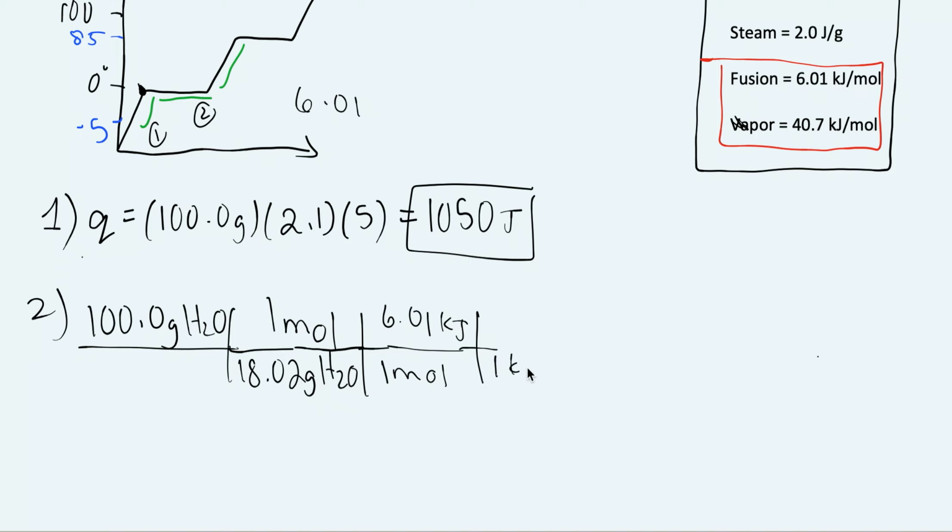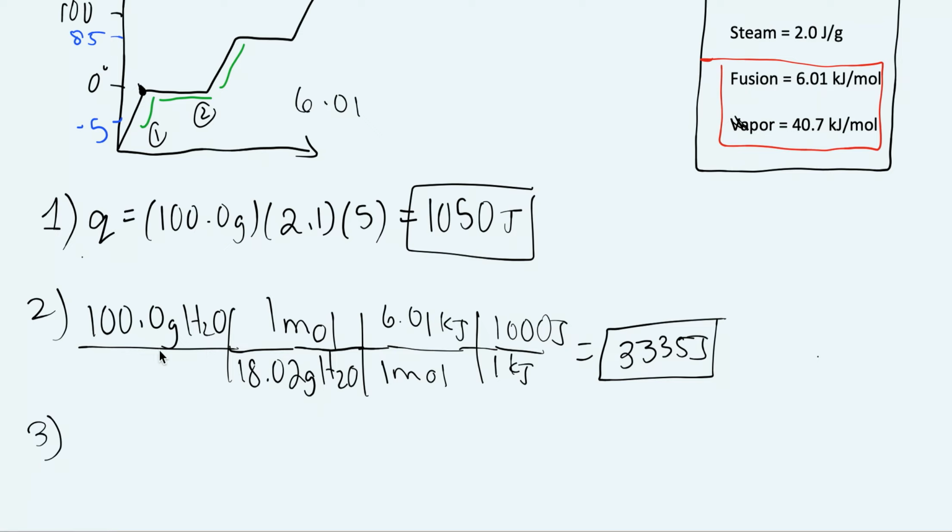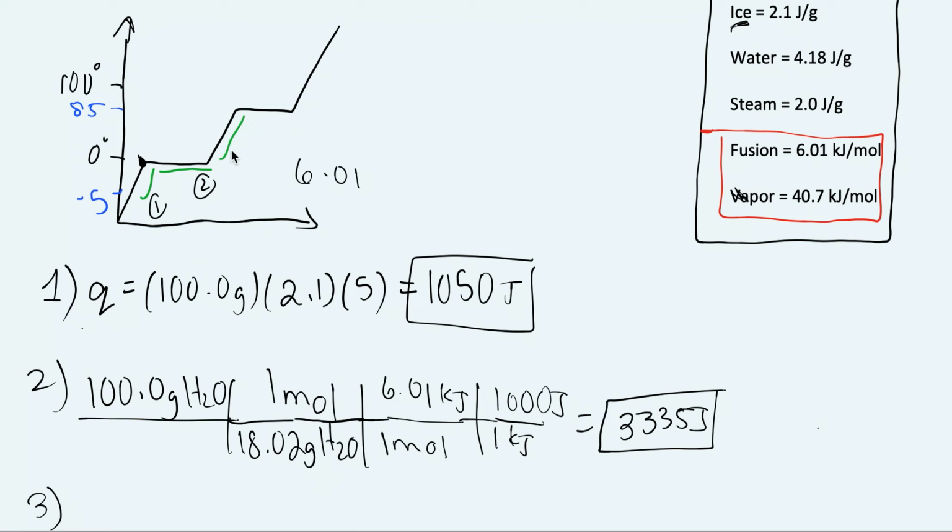So 1 kilojoule is equal to 1,000 joules, and then you will get 3,335 joules. Now we are almost done. We have one more step. That was step 2. Now we have to do step 3.